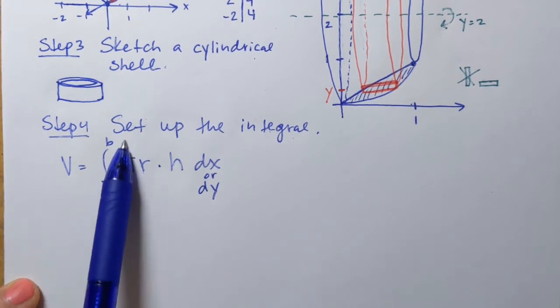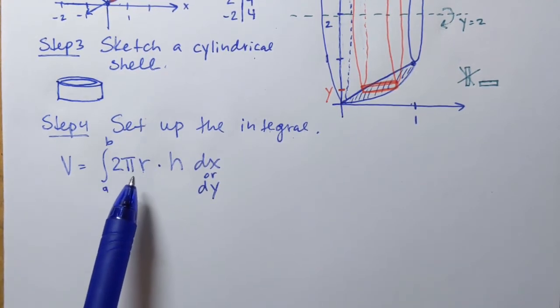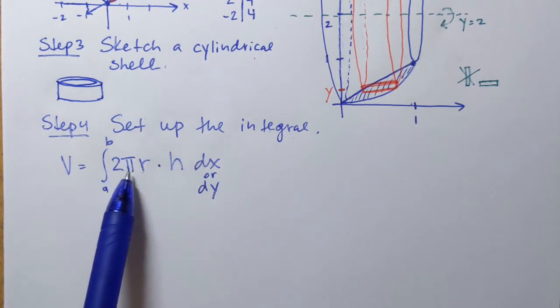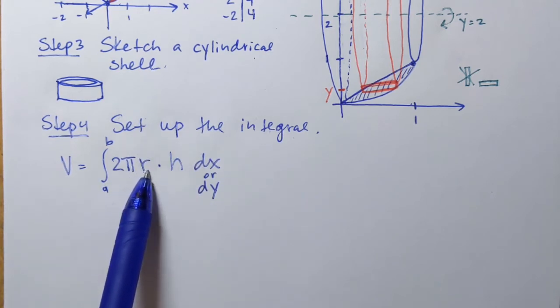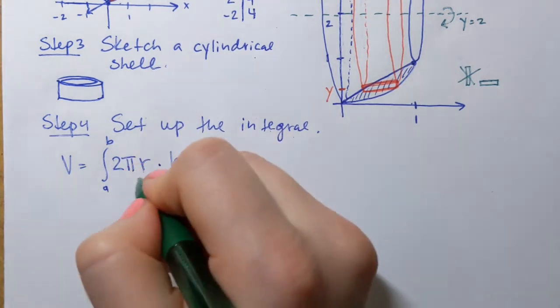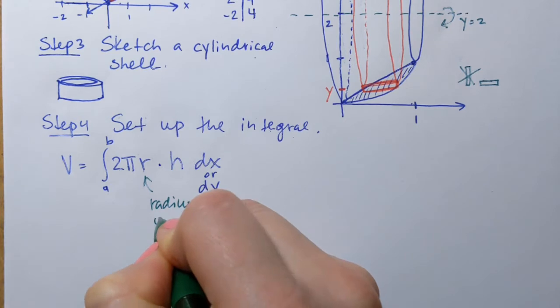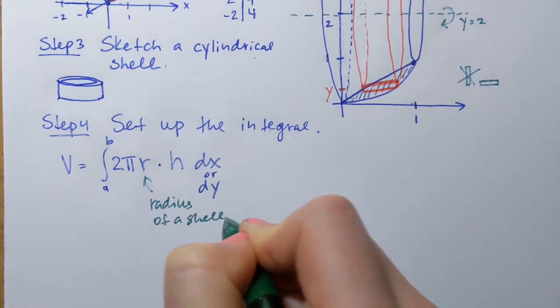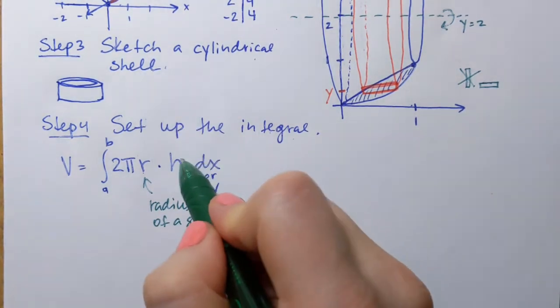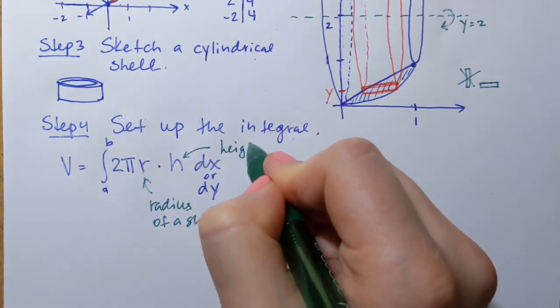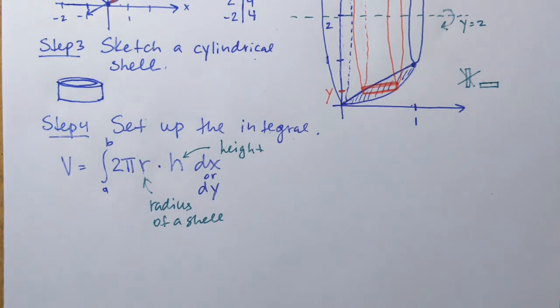And this is how this integral is going to look like in general. So we'll have limits of integration, we'll talk about them in a minute, but within the integral we'll have the following structure. It's going to be 2 pi times r, which is the radius of an arbitrary shell, and h is the height of that arbitrary shell.